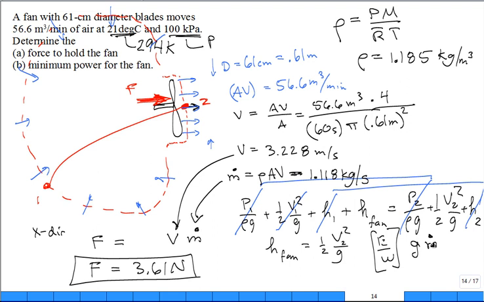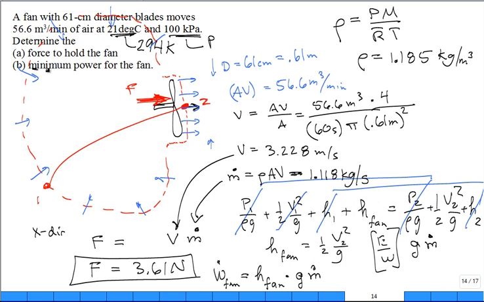So if I multiply the fan head times g m dot, I will get the W dot fan, the minimum power needed to be supplied to the fan in the form of electric energy, assuming all that electric energy is converted into the fluid flow energy.